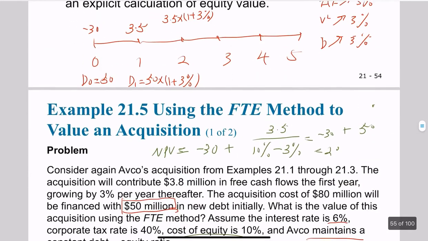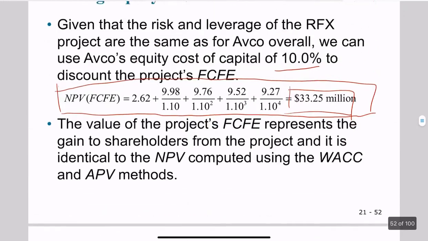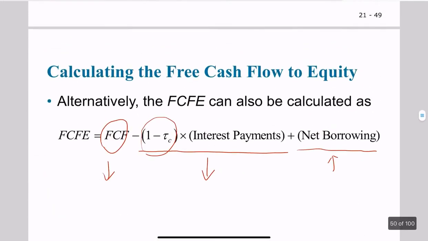So again, you can see that this problem has some caveats, right? You have to understand that debt increases at a constant rate of 3%. And then you have to figure out how the free cash flow to equity holders changes. To be more specific, you need to understand why free cash flow to equity holders increases at 3%. What you will do is you will use the formula we have learned, right?